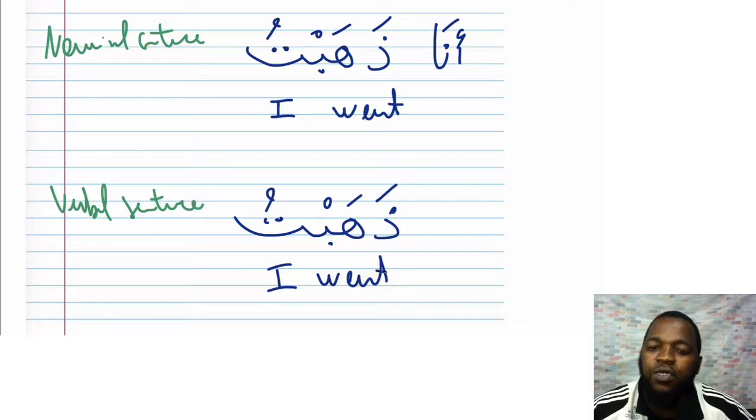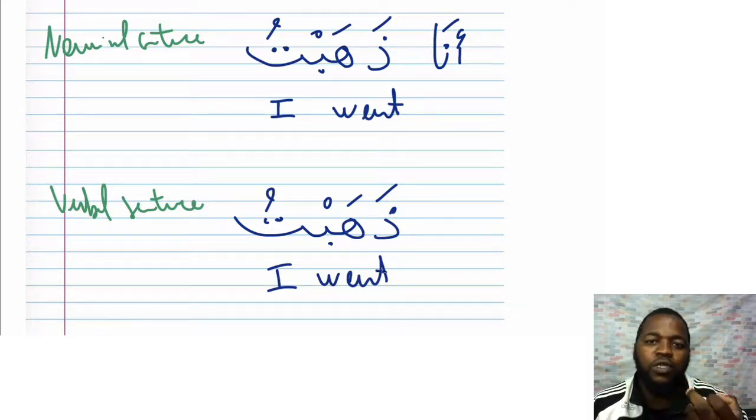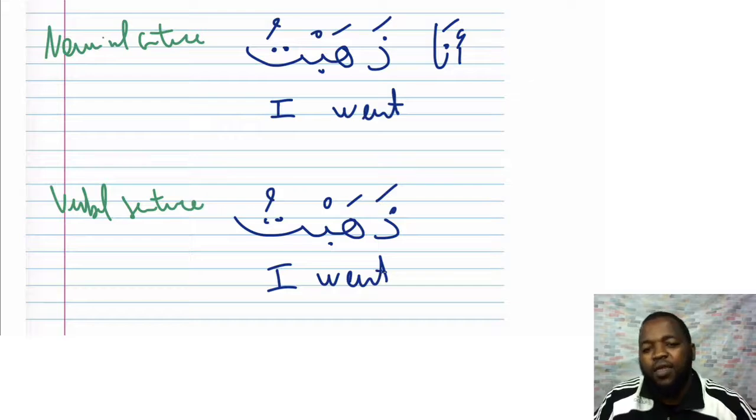Now, the difference between them is what exactly do you intend to say? If you are disputing whether someone else went or you, then you say أنا ذهبت. It was I who went, not you.